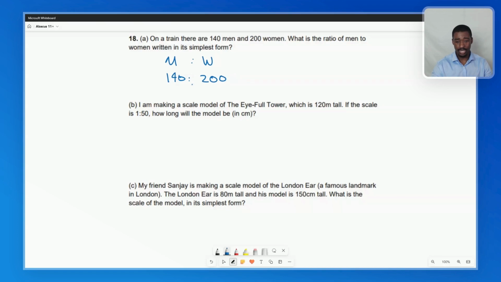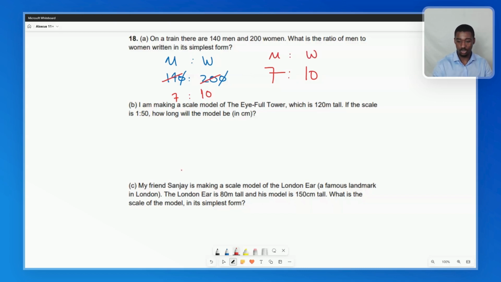First of all, we can take out the common factor of 10, which gives us 14 to 20. Then we can take out the common factor of 2, just like in fractions. 2 times 7 is 14, and 2 times 10 is 20. So the ratio in its simplest form would be 7 to 10, men to women.